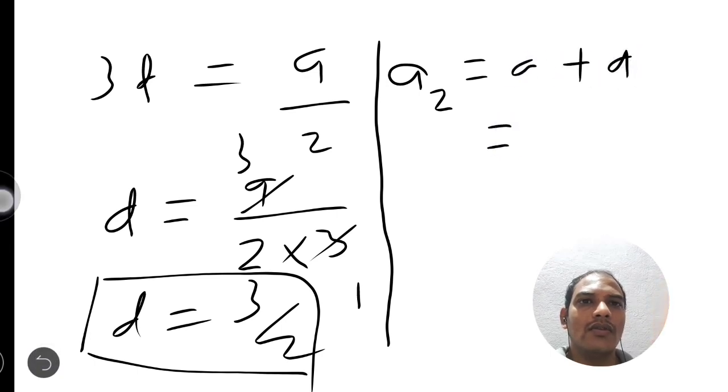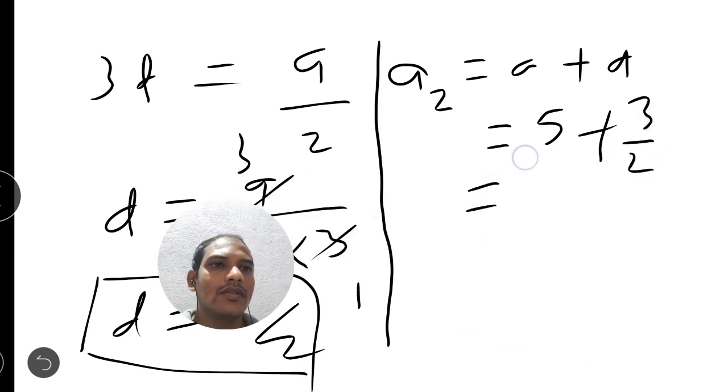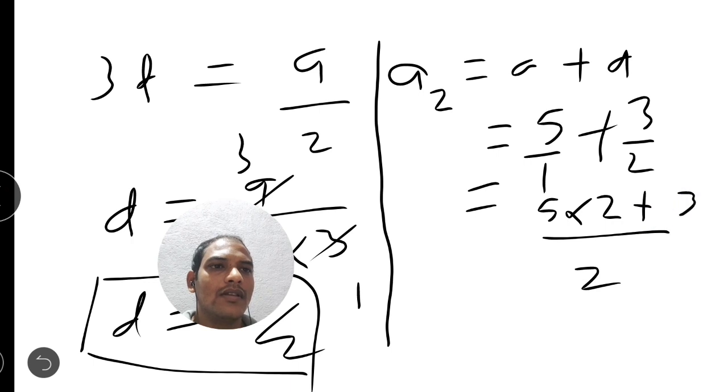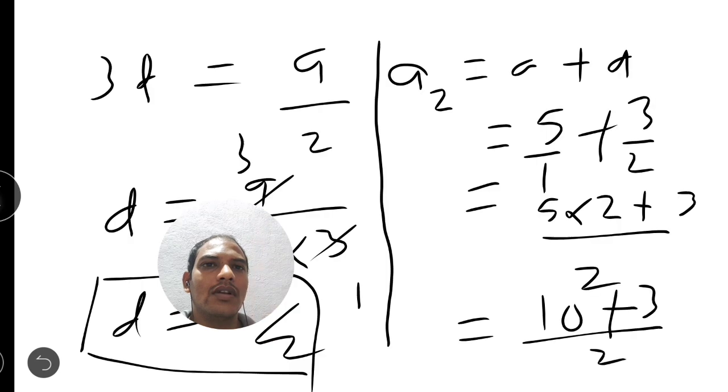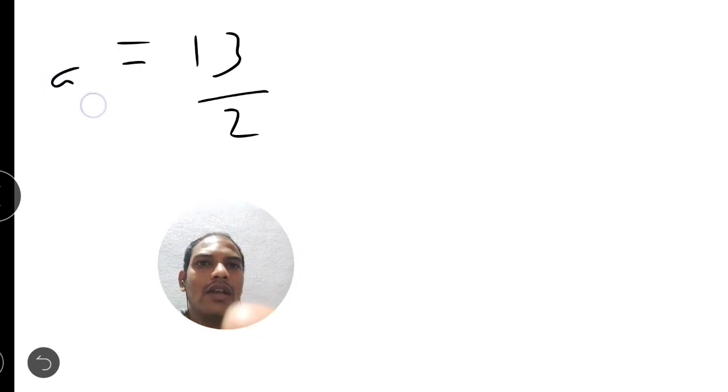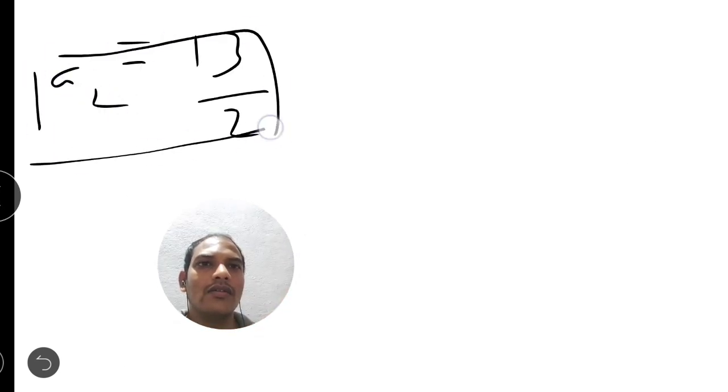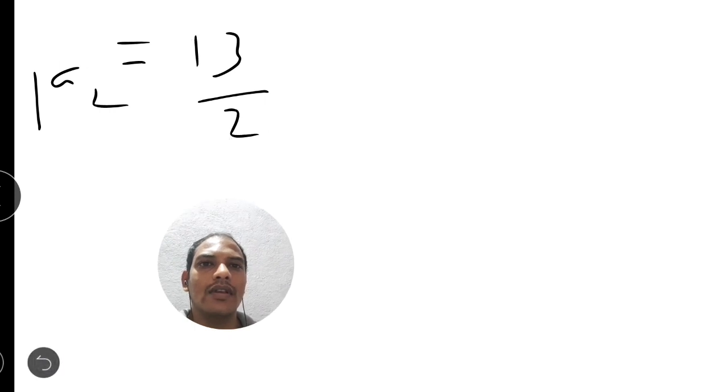What is the a value? 5 is the a value, plus the d value 3 by 2. 5 can be written as 5 by 1, 2 is the LCM. 5 into 2 plus 3, 5 twos are 10 plus 3 by 2. 10 plus 3 is 13 by 2. So the A2 value is 13 by 2.